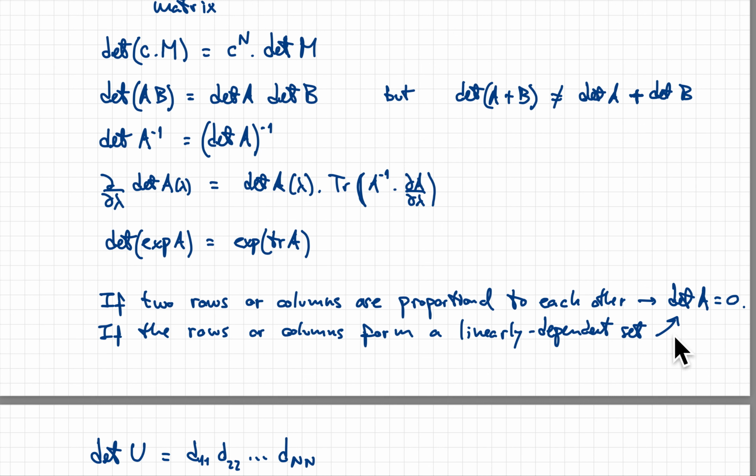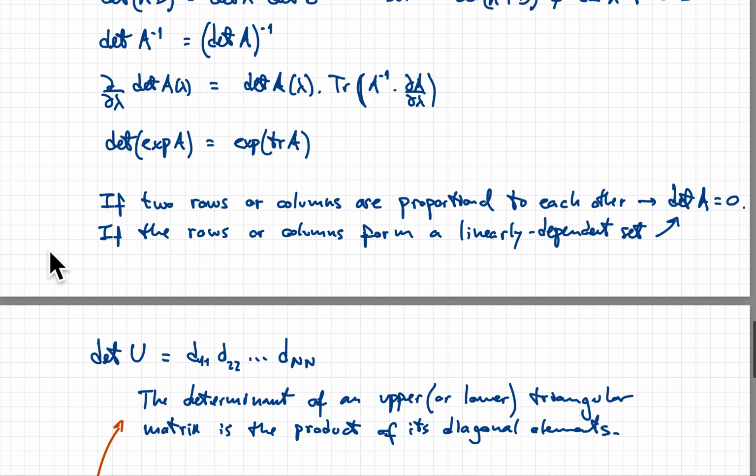You might remember from a previous video, when discussing systems of equations, that if you have rows that are linearly dependent, then you have basically copies of the same equations that don't give you new information. That leads you to cases where you either have no solution or an infinite number of solutions, and that goes hand in hand with not having an inverse for the matrix representing your system of equations, and that's what's being expressed here. So if the rows or columns form a linearly dependent set, then your determinant will vanish.